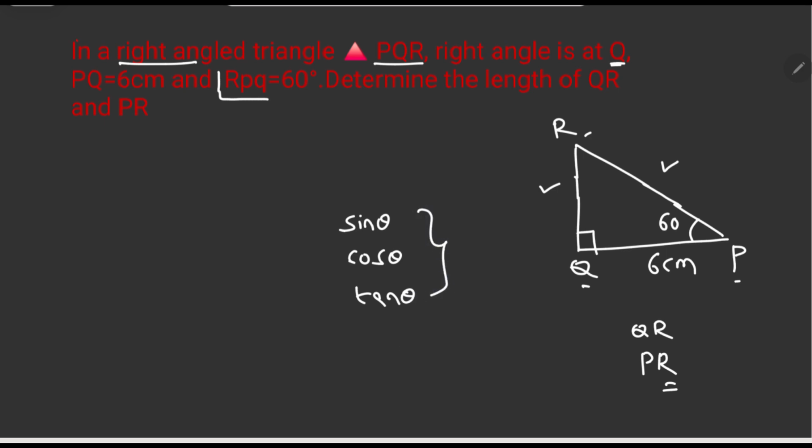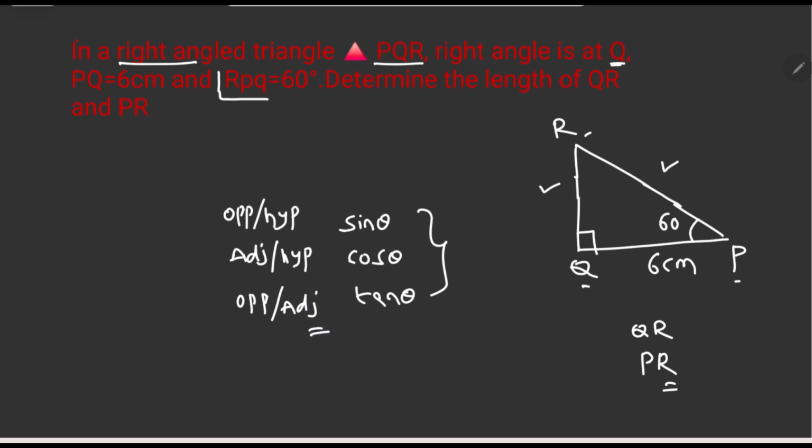Now what is the sin theta formula? Sin theta will be opposite by hypotenuse. Now coming to cos theta, it is the adjacent side with the combination of hypotenuse. Now coming to tan theta, opposite side by adjacent.